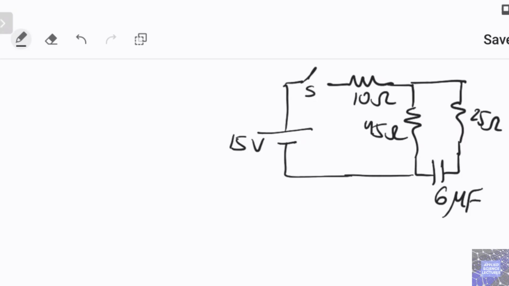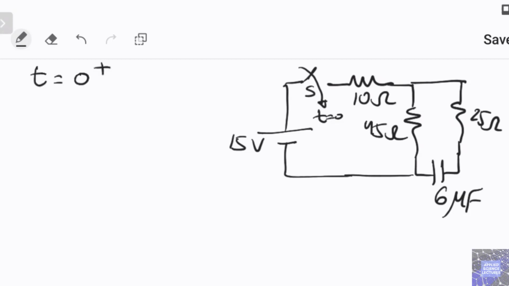So right after the switch is closed, basically means if we assume that the switch is going to close at t equals 0, so I'm interested to calculate here the current through the 10 ohm resistor right after the switch is closed, which means at the moment that we call t equals to 0 plus.